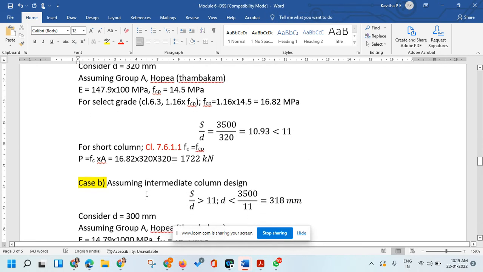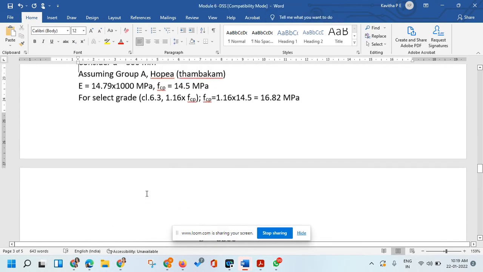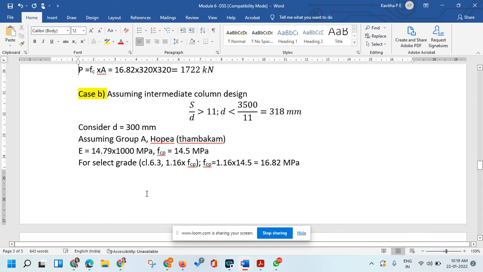When I move to intermediate column, I assume that the column is intermediate. In that case, what happens? I get that D should be less than 380. So I select 300, proceed with the same procedure. I get E and F value, same as previous case.